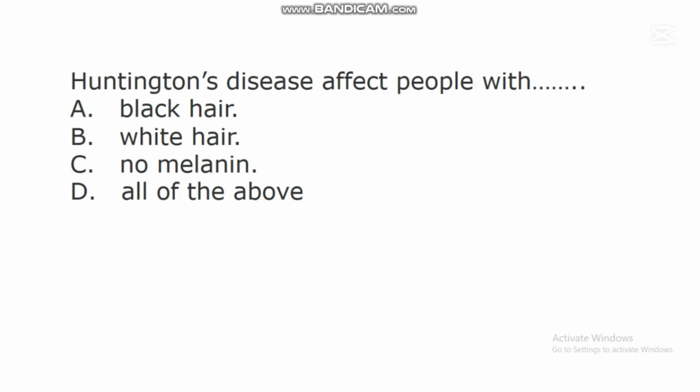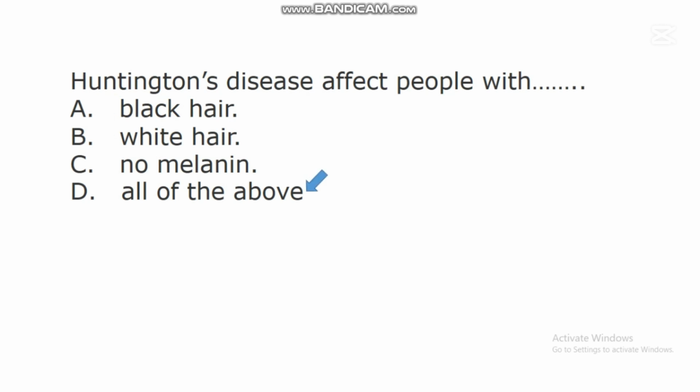The next question says, Huntington's disease affects people with dash. A. Black hair. B. White hair. C. No melanin. D. All of the above. In this question, the correct answer is D. All of the above.